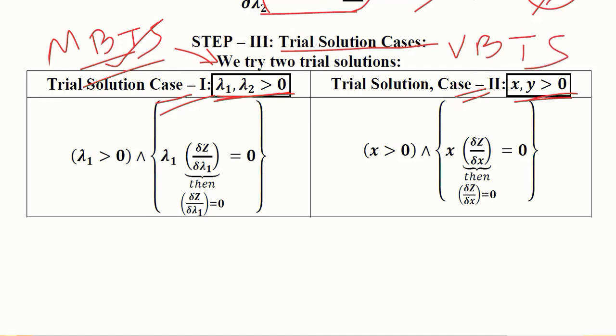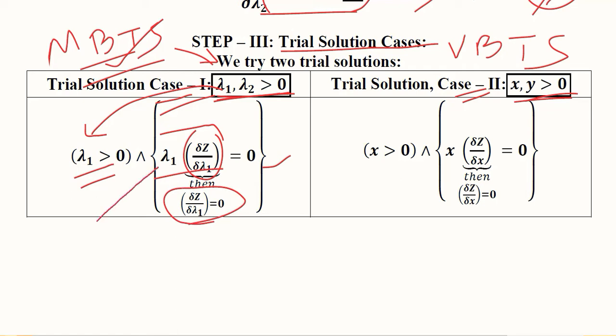So for the multiplier based trial solution, if lambda 1 is positive, then for the complementary slackness, the other term, that is this term in this product of lambda 1 and the derivative of the Lagrangian function with respect to lambda 1, can be 0 if this term is equal to 0, as lambda is already not equal to 0, that is, it is positive.